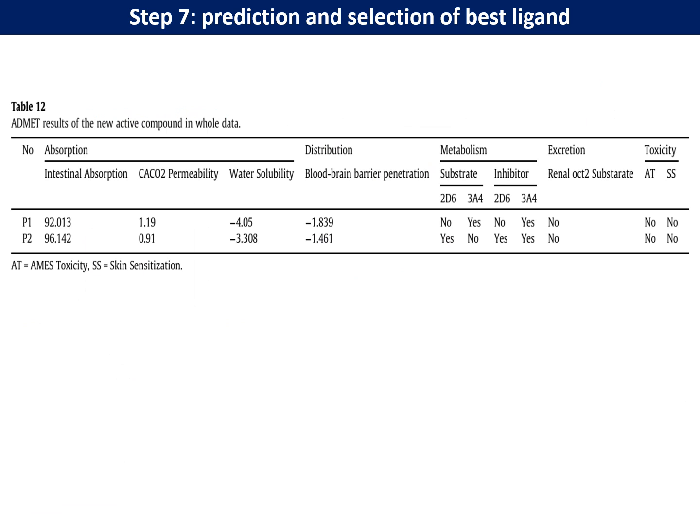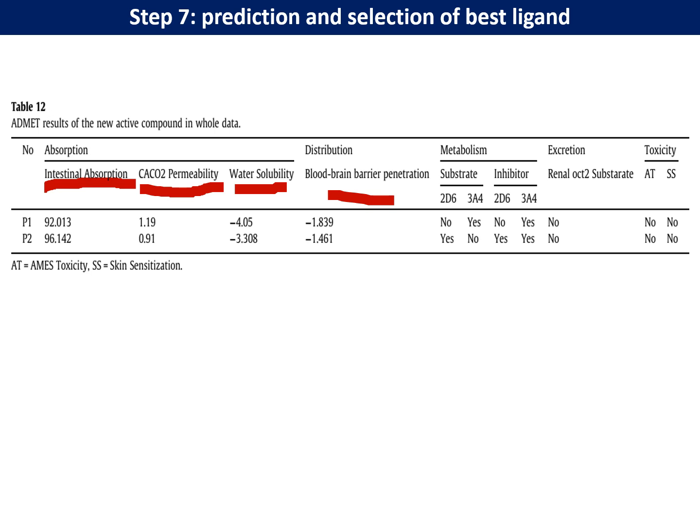Next, we check the ADMET. It means absorption, distribution, metabolism, excretion, and toxicity. As I mentioned before, compound number 10 can be absorbed in the intestine. It passes the Caco-2 permeability, has good water solubility, and can cross the blood-brain barrier.